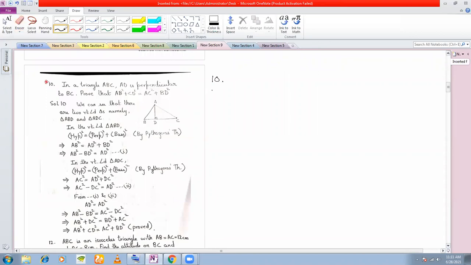The question here is, in a triangle ABC, AD is perpendicular to BC. Prove that AB square plus CD square is equal to AC square plus BD square. So let's draw the triangle here. Okay, so this is how it looks.